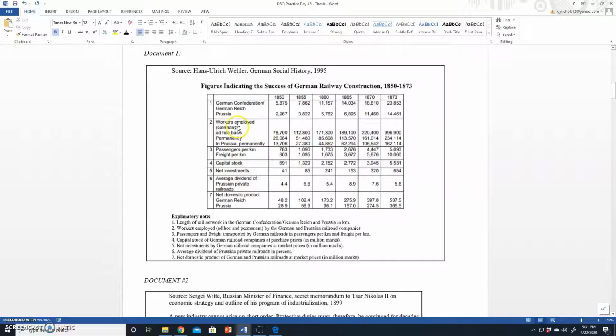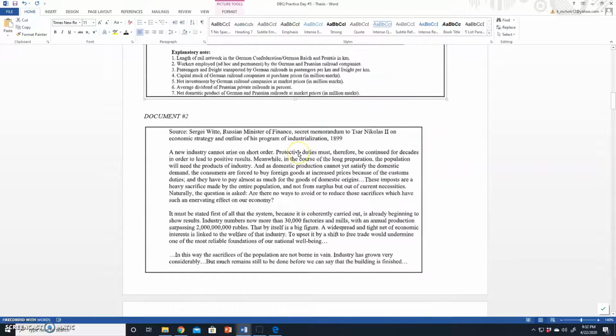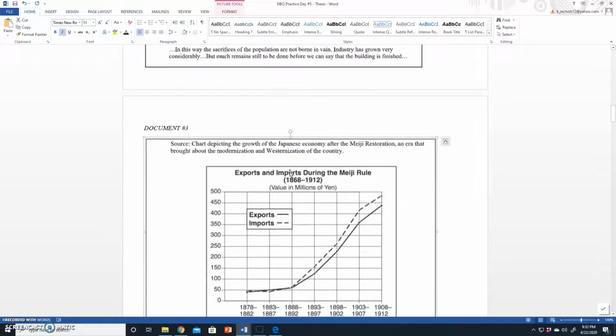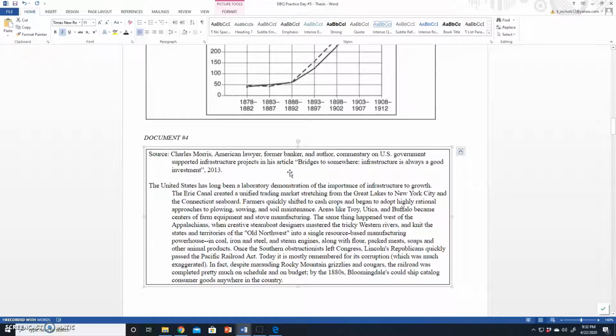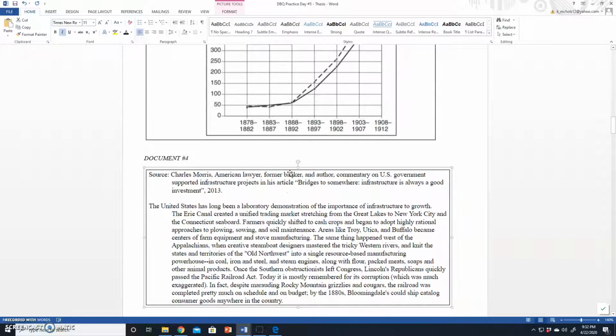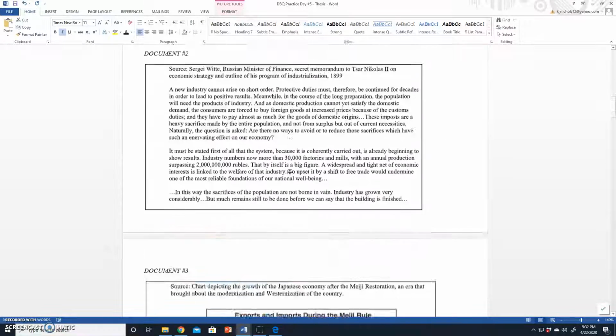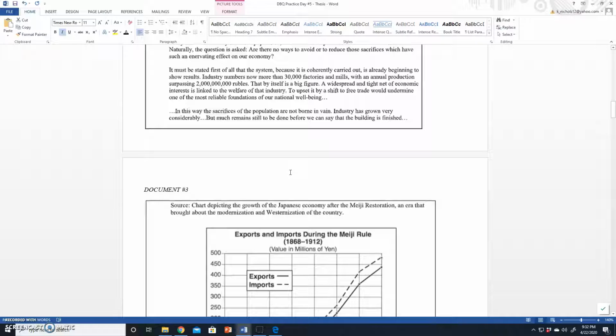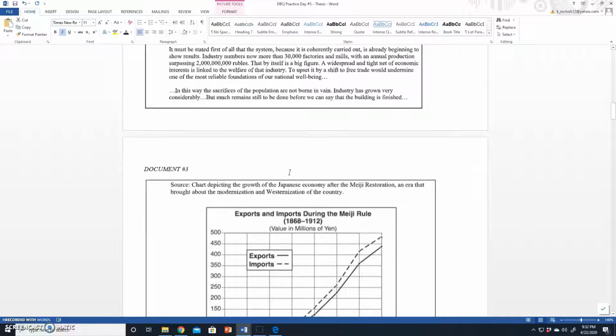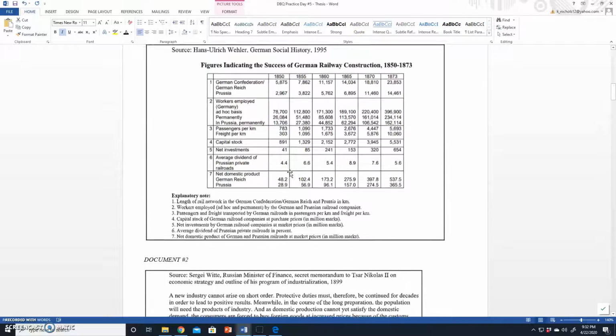And then, I'm not going to read all these documents. That would be extremely boring. I've went over document 1. Look back to the previous video. If you want to look through these, you can. But it would be a very long and extremely boring video if I went over every one of these documents. But you have to understand all the documents in order to understand what you're going to argue.